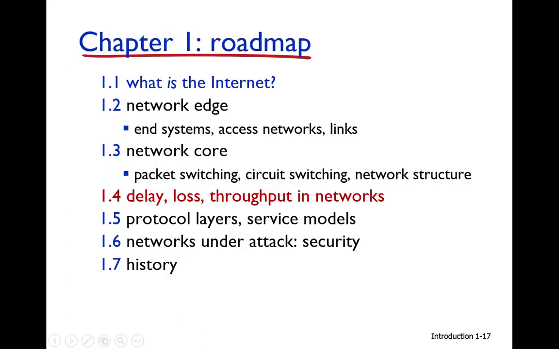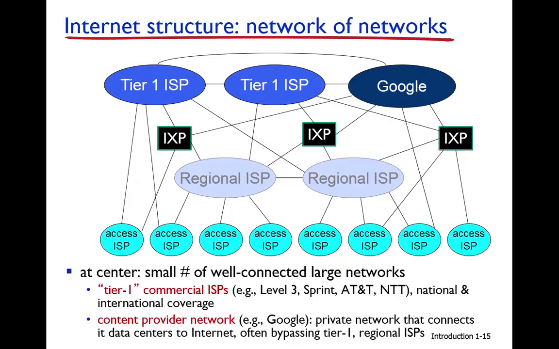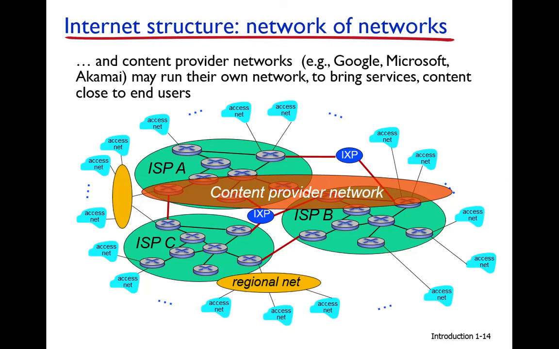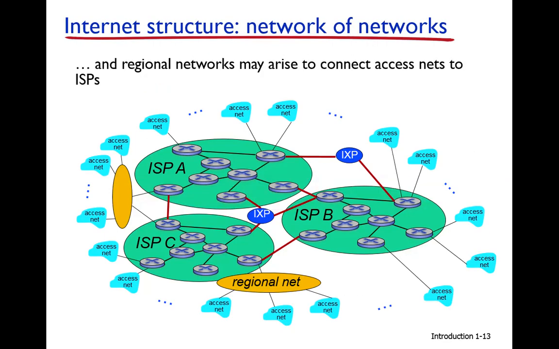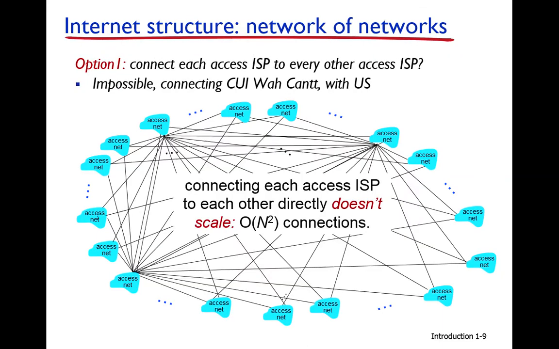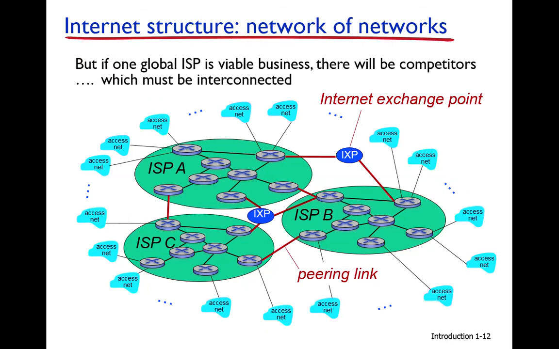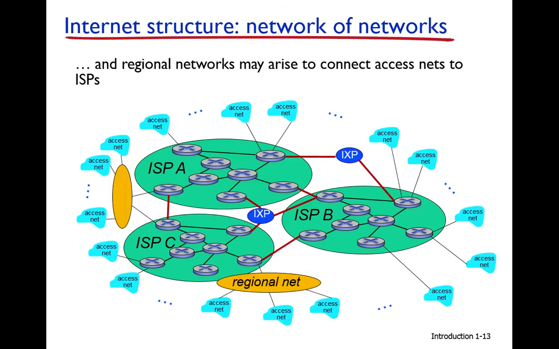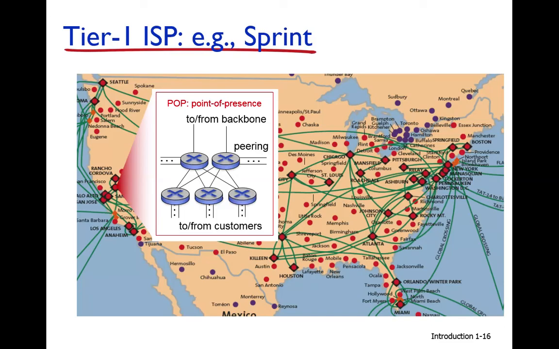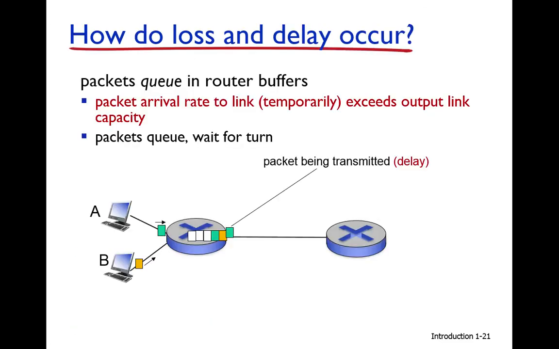So we have discussed the internet structure, the ISPs and their working. I think it should be clear. I would suggest that you study it in the book. If you study it in the book, I think it will be much clearer to you. It is a very complex topic.